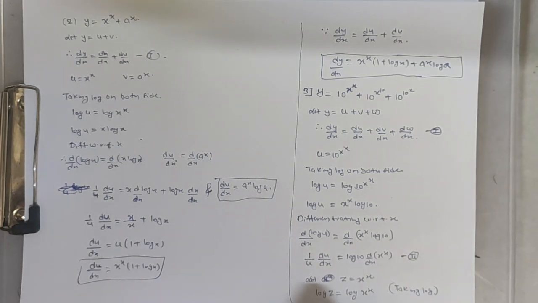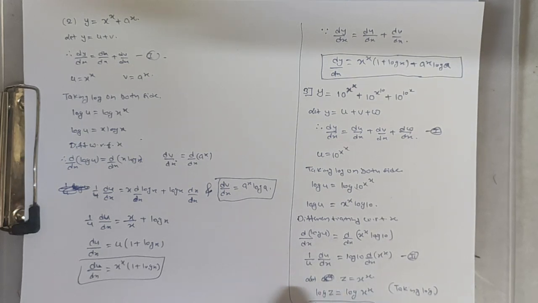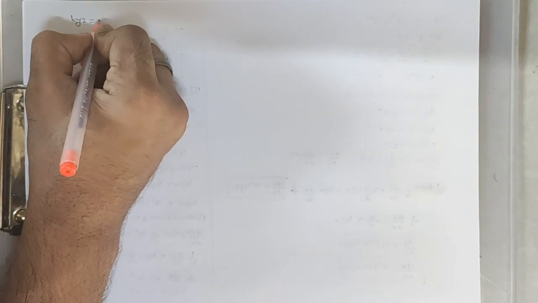So this will be log of z is equal to x log x. Now we will differentiate z with respect to x. So log of z is equal to x log x.